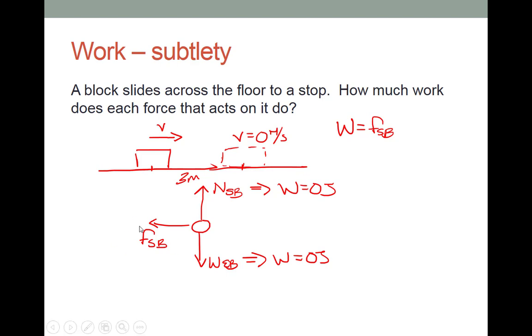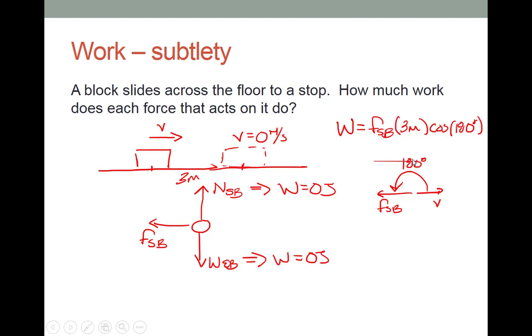We could go back to what we learned a couple units ago and write it in terms of the normal force and all of those things. We would then multiply by 3 meters because that would be our distance. And the cosine would be cosine of 180 degrees again because velocity points this way, whereas friction is opposite, and that is a 180 degree angle.